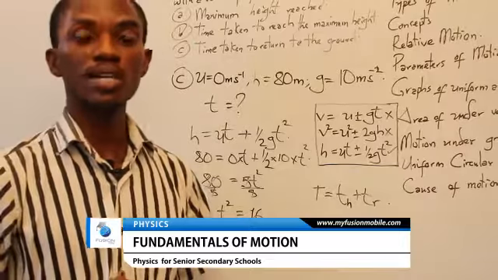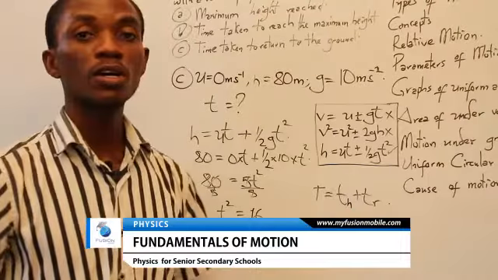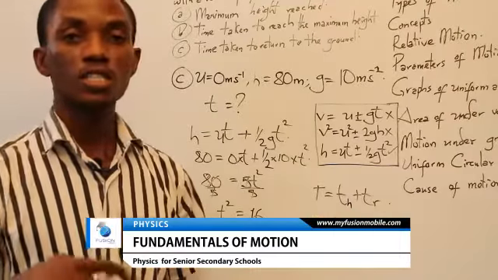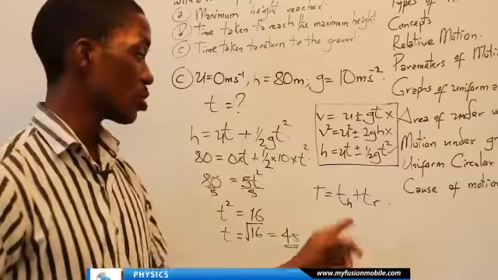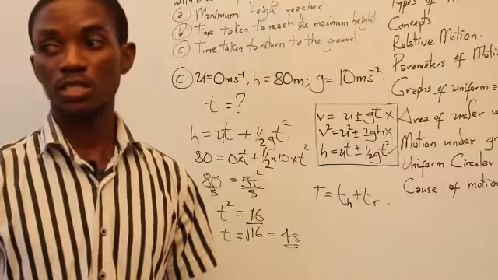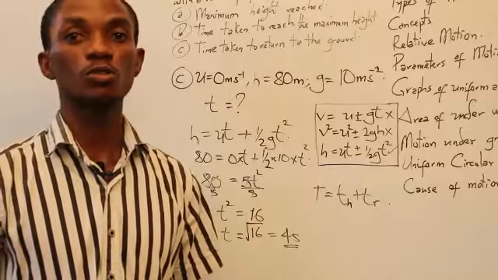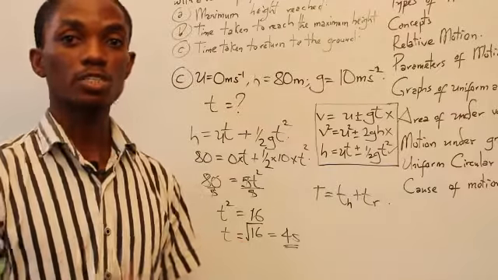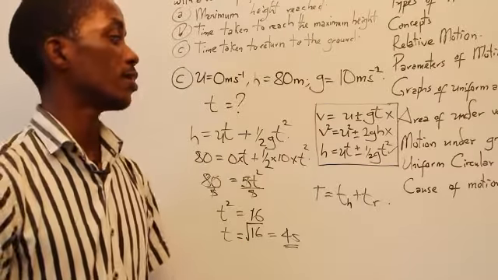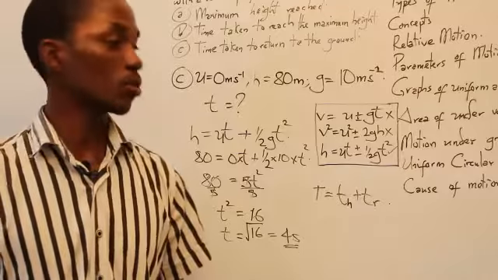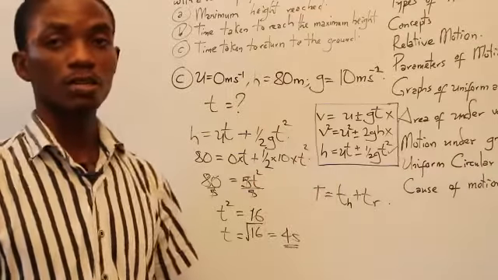Usually, the time to reach maximum height, which is TH, is equal to the time to return, which is TR. So capital T is usually equal to 2 times TH. That's about everything we have to talk about on motion under gravity.